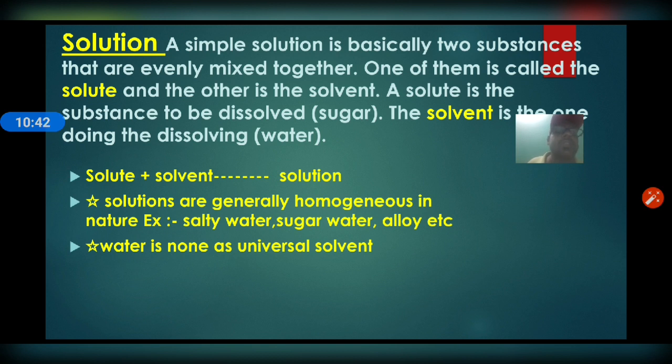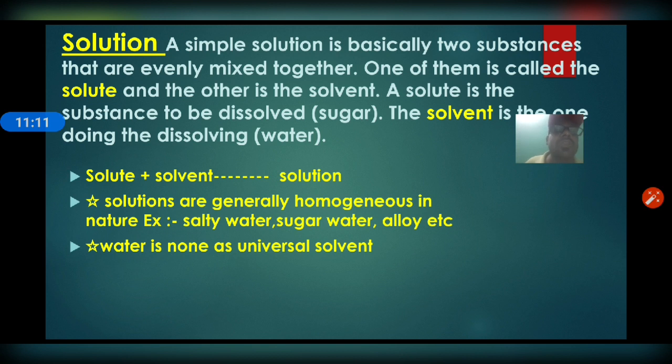A solute is a substance to be dissolved, and the solvent is the one doing the dissolving. The solid thing which is dissolved is called solute, and that in which it dissolves is called solvent. Suppose you are adding sugar in water, sugar is solute, water is solvent.